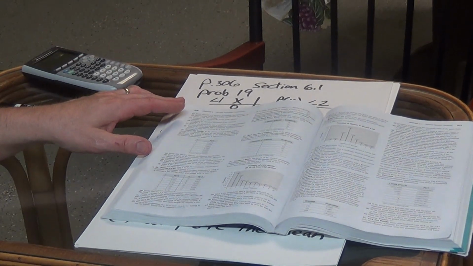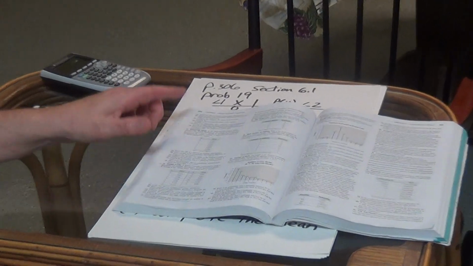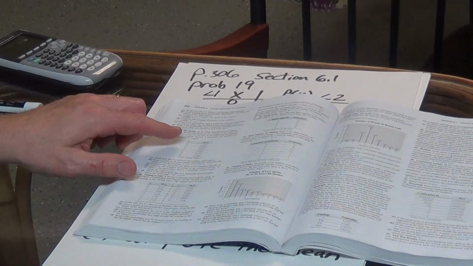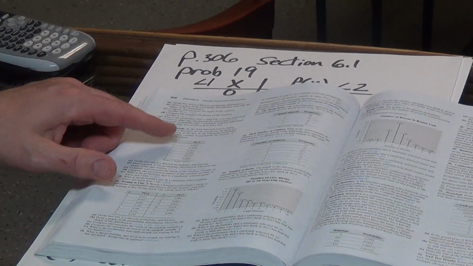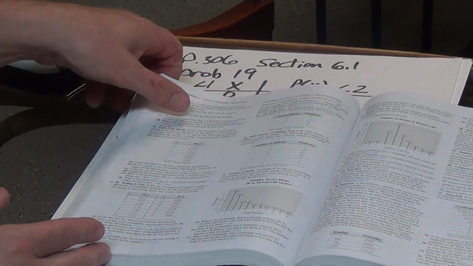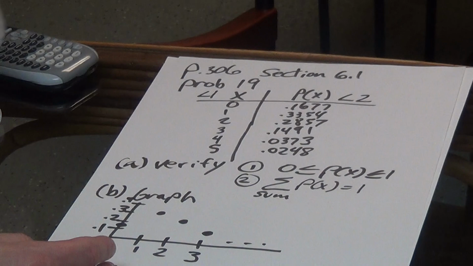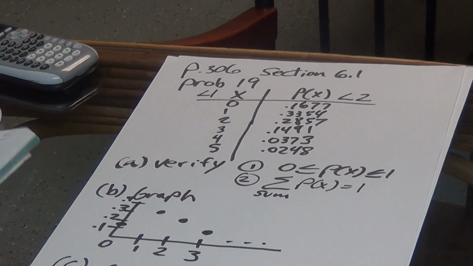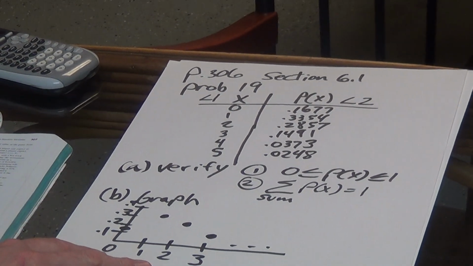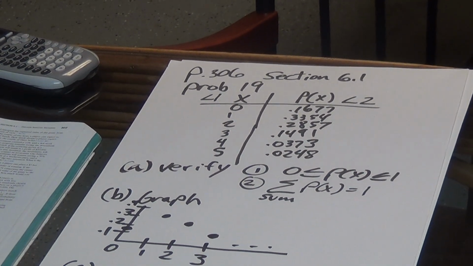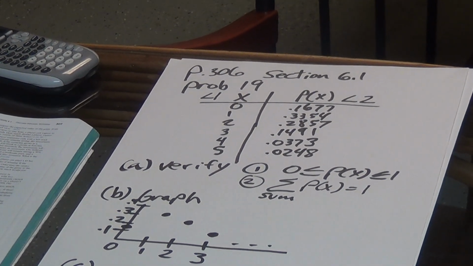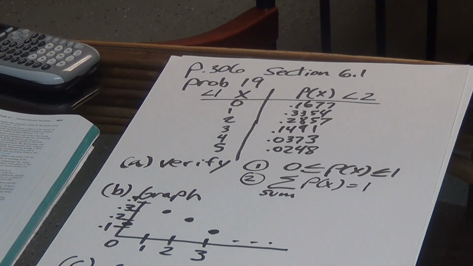He was a baseball player, and he had between 0 and 5 hits in a game, and these were the probabilities or the percentages of time that he had that number of hits. So I recopied the table, and we'll just walk down through the different parts of it to remind you what they wanted you to do with it.